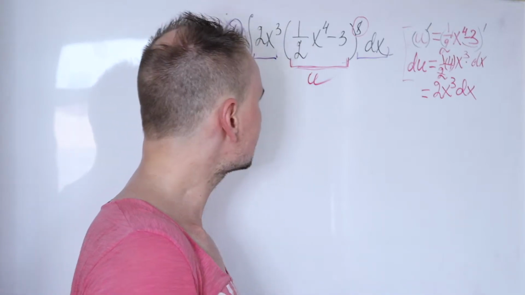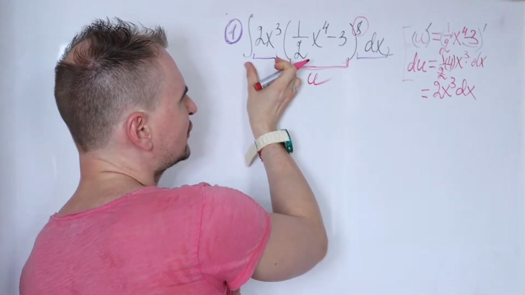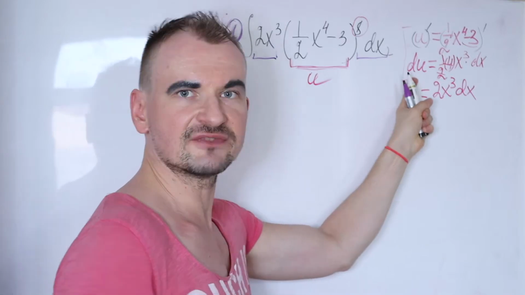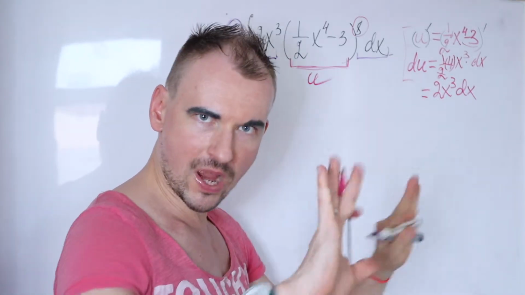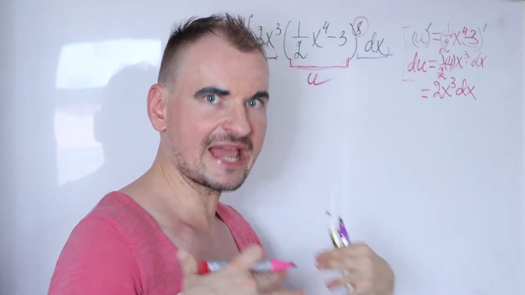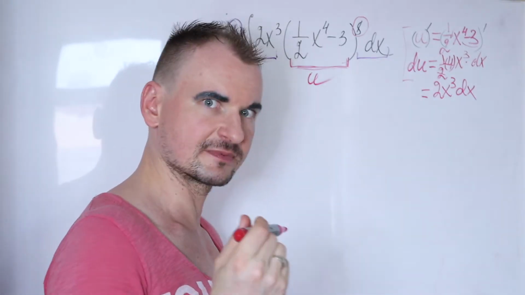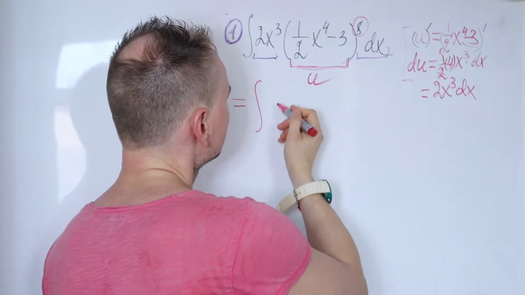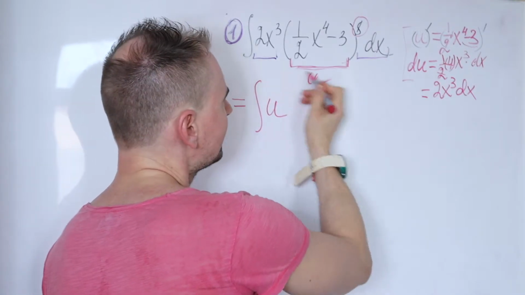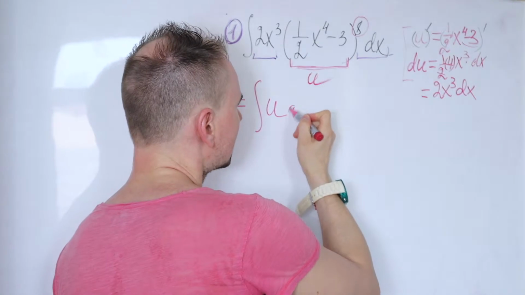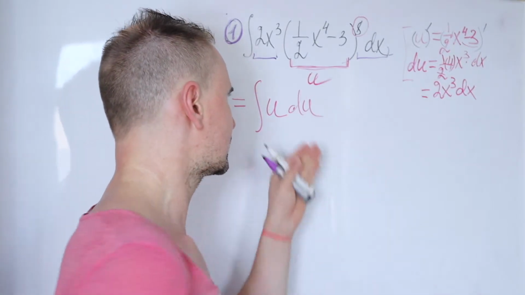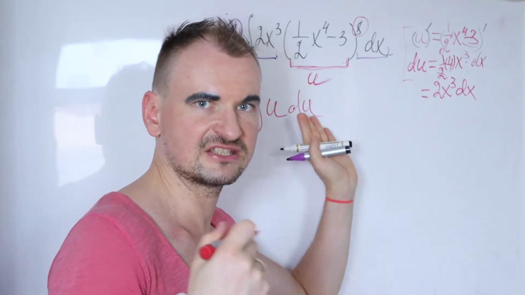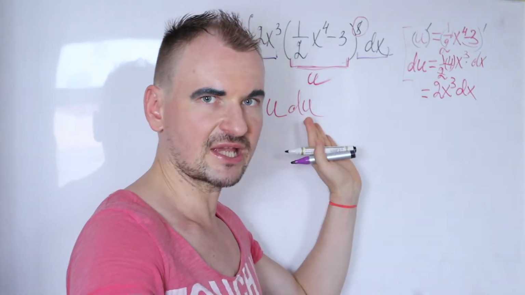Now, what's left over, namely 2x cubed, and this dx sticks out, we're going to replace with du. No x at all. We would have a new integral in terms of u. So it becomes integral of u to the 8th, and this one I'm going to write just at the very end. So typically, normally we write dx, du, dt, whatever the differential is, it comes at the end.